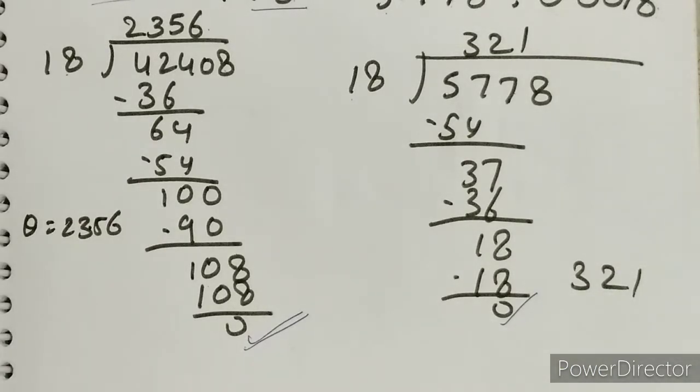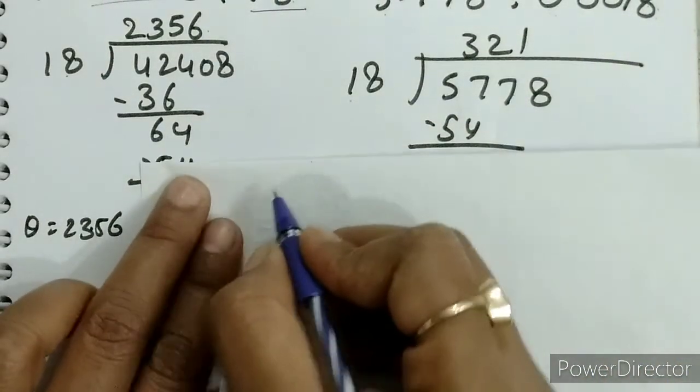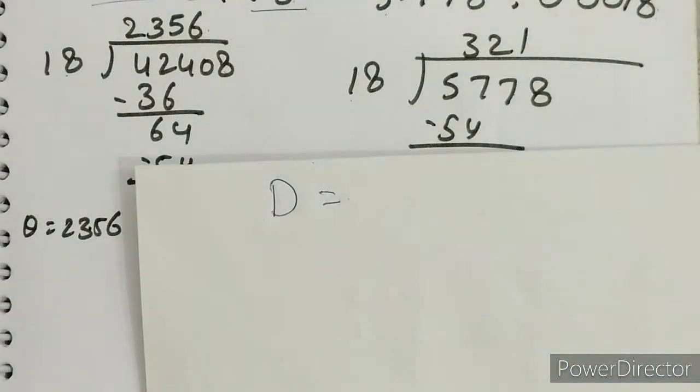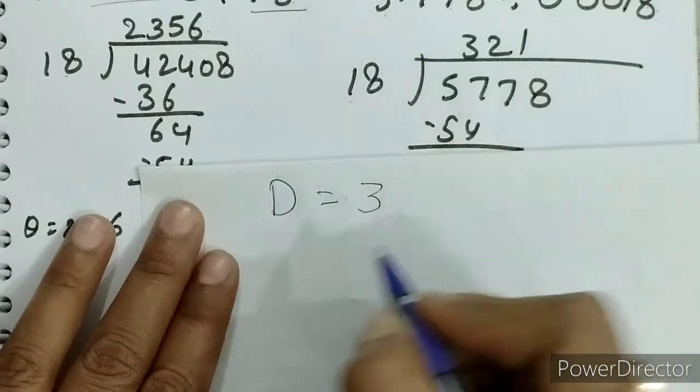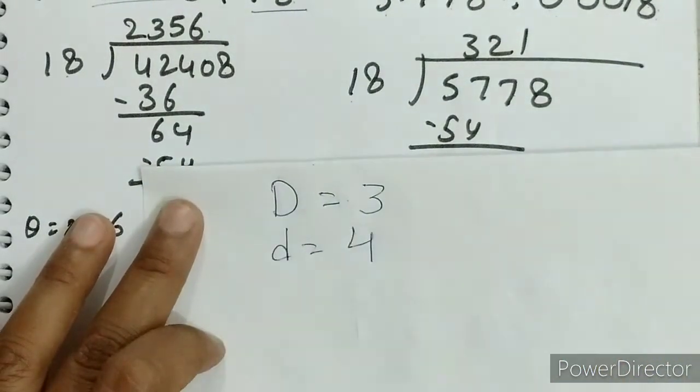Now the question arises where we should put the decimal point. Okay, so see, in this case the number of numbers after decimal point is 3 in dividend, and in divisor there are 4 numbers.